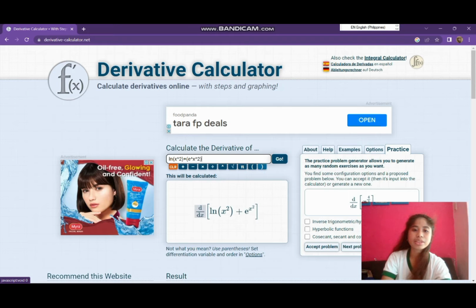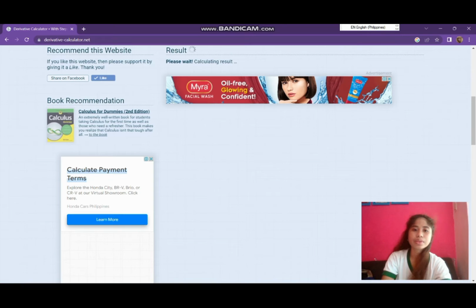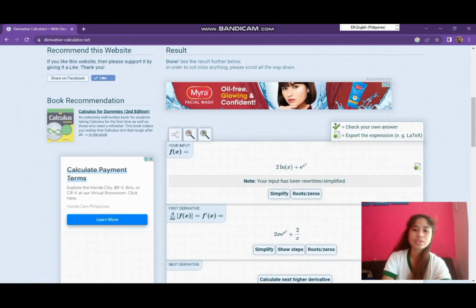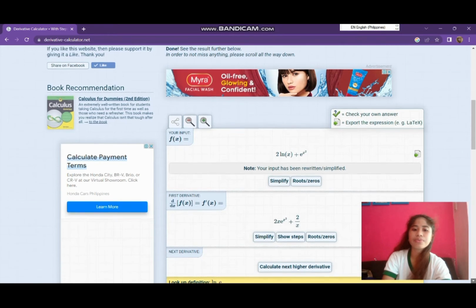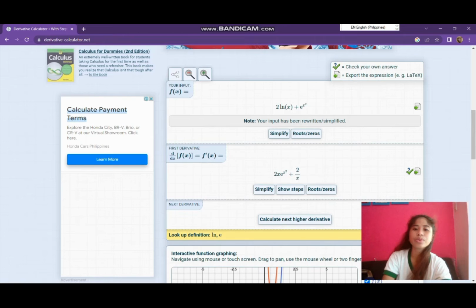Then close parenthesis, just click go. Then you have there the result. So this is the result. f prime of x is equal to this, so this is your answer.